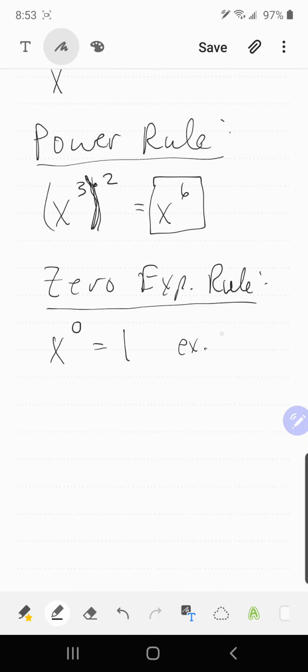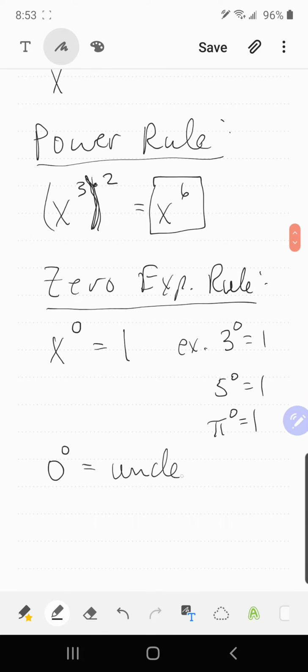So examples, 3 to the 0 is 1, 5 to the 0 is 1, pi to the 0 is 1. Any base raised to the 0 power is 1 as long as the base is not 0, because if you have 0 to the 0, that's actually undefined.